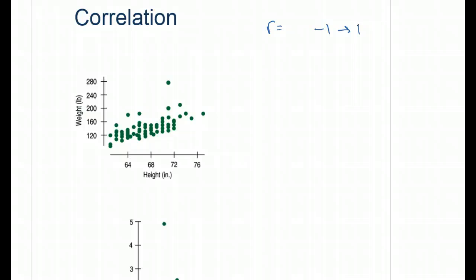From your textbook, you have some students here, and we're looking at the association of their heights in inches and their weight in pounds. Clearly, first of all, it's fairly linear. That's important. There's a positive direction.